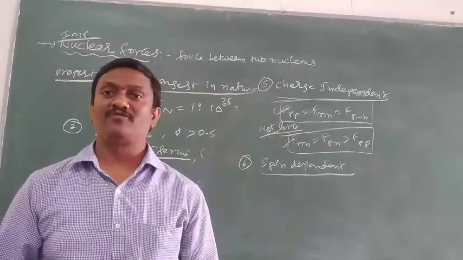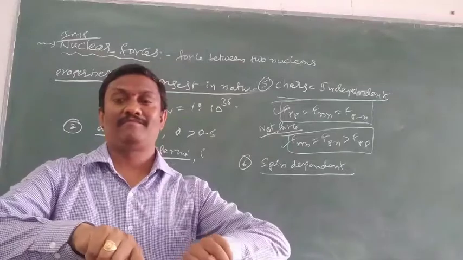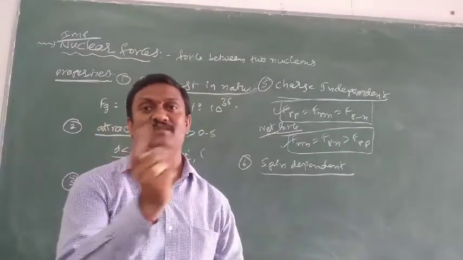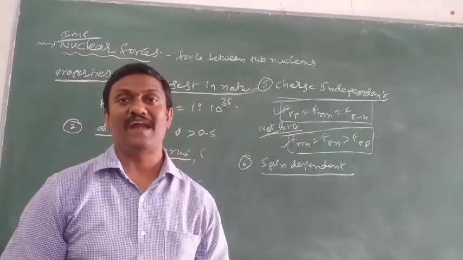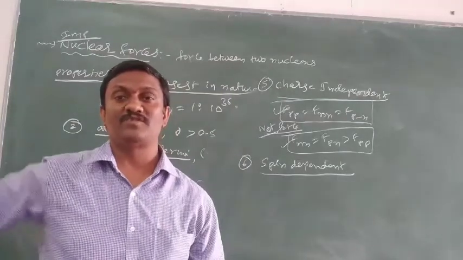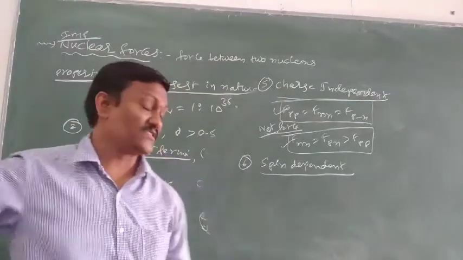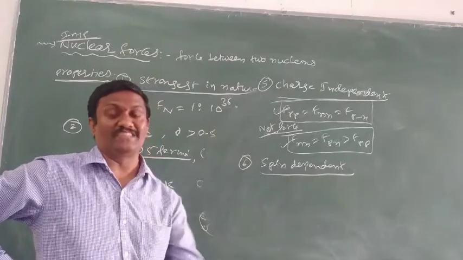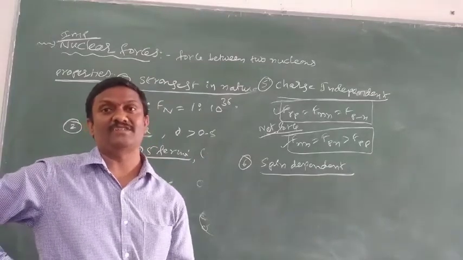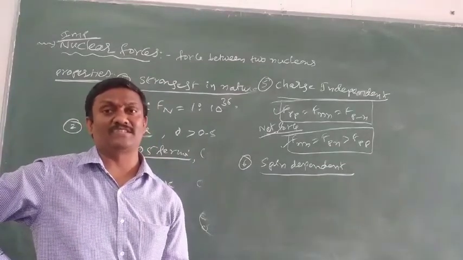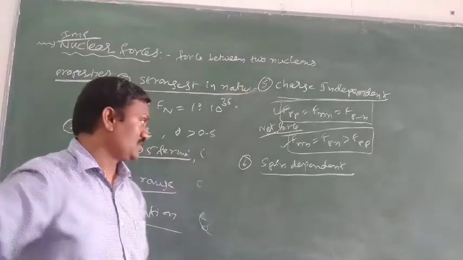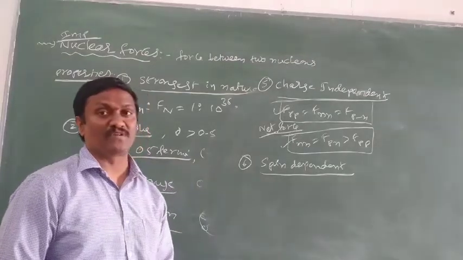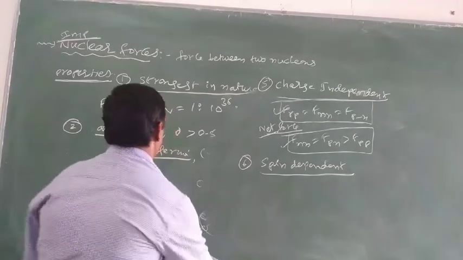If the orientation of the two particles is anti-parallel, one particle clockwise and the other anti-clockwise, the force between the two nucleons is less. Parallel means maximum, anti-parallel means minimum. So that is one more important property: nuclear forces are spin dependent forces.